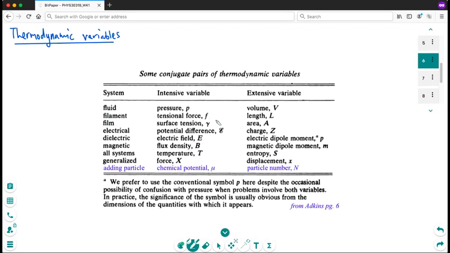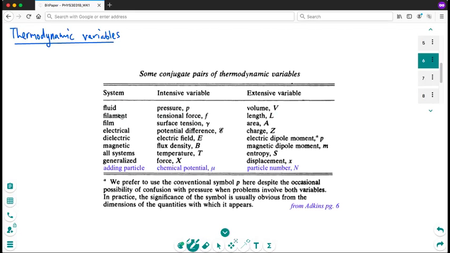You just have to modify the way to perform work on the system. For example, how do you do work on your fluid? You do work by changing the pressure, because this will give you the change of volume.